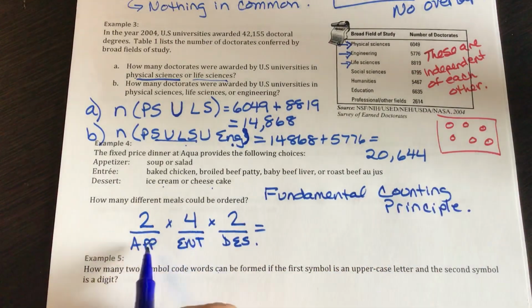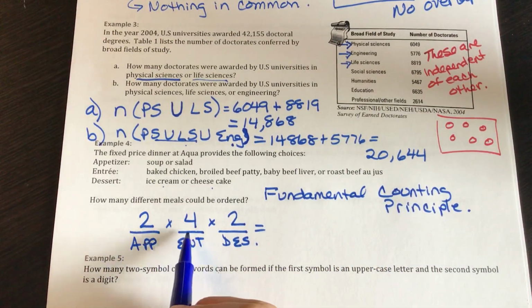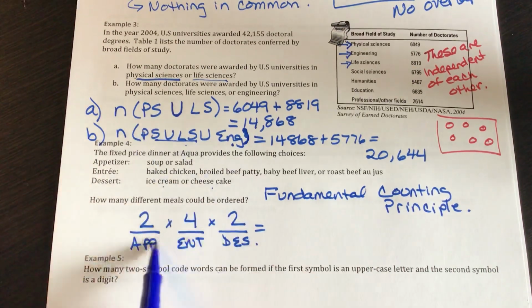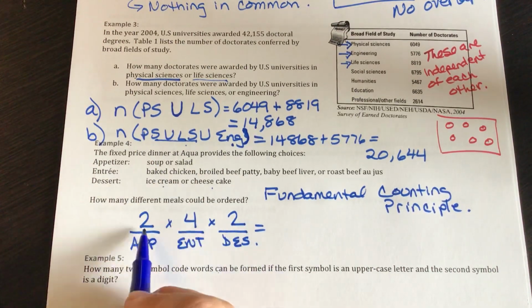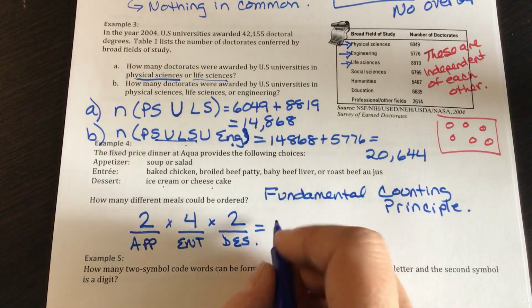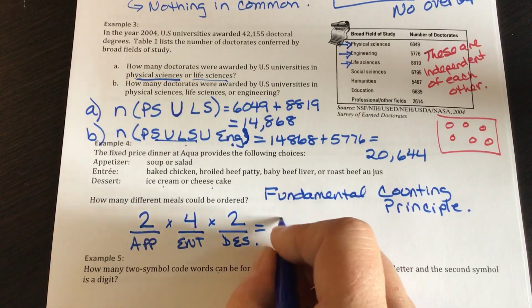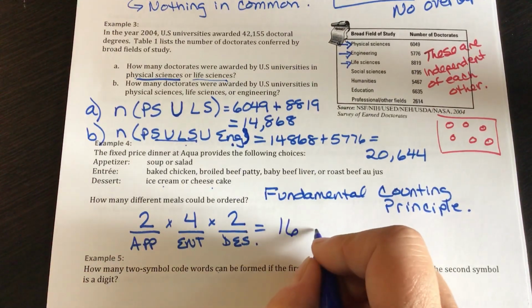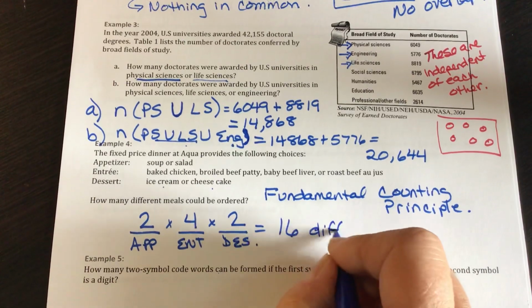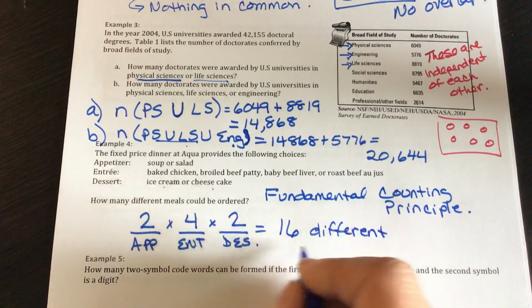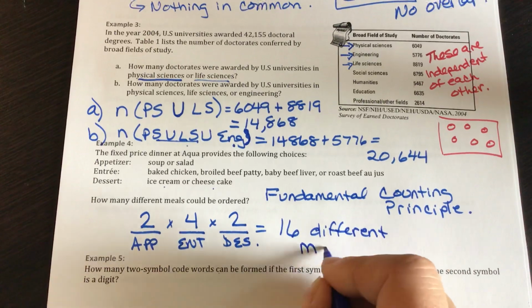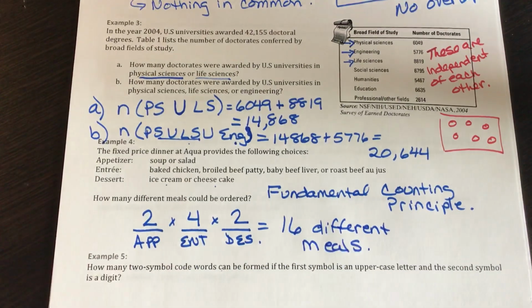So how many choices can be made at each station, and then we multiply them together. I have 8 times 2 is 16 different combinations, or 16 different meals can be made by selecting the different things at each station.